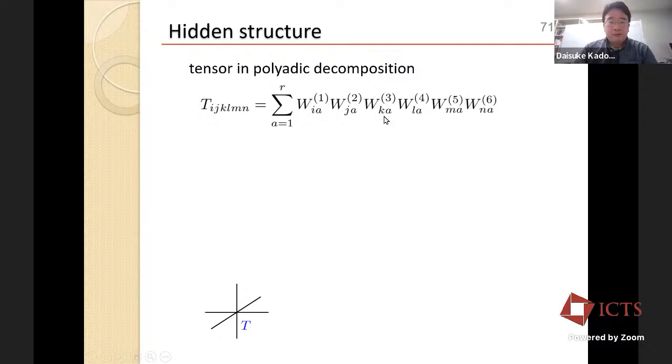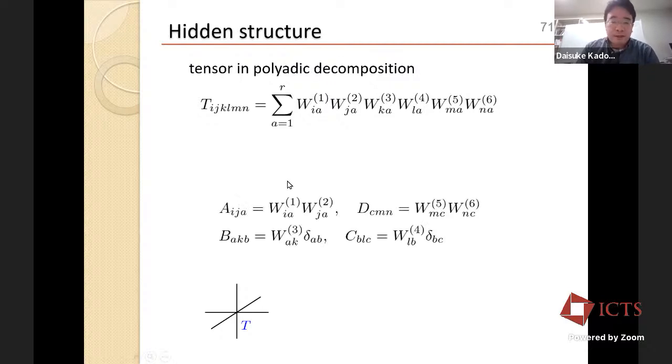Normally, this rank 6 tensor is used for tensor renormalization group calculations after taking this summation. However, this form is called the periodic decomposition of a tensor, and it can be expressed as a tensor network of rank 3 tensors by identifying rank 3 tensors A, B, C, D like this.